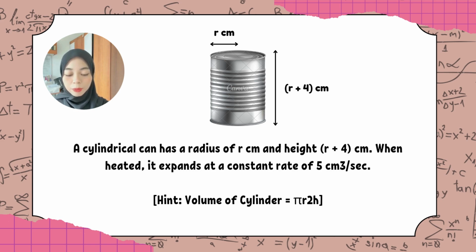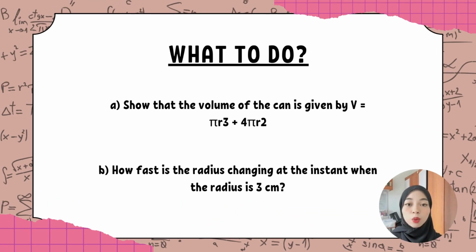When heated, it expands at a constant rate of 5 cubic centimeters per second. From this question, we got a hint that the volume of a cylinder is pi r2h. What to do when you got this kind of question?